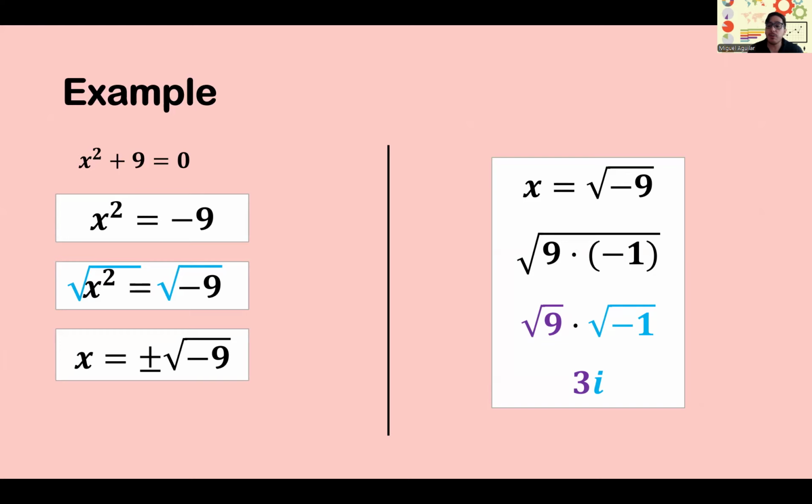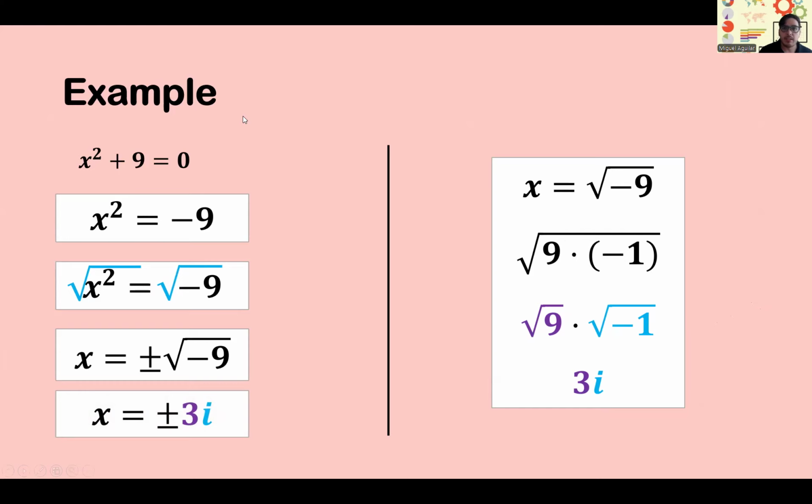Because if we were to leave it as 3 times the square root of -1, let me write that down, writing the square root of -1 over and over in these equations that we're going to be solving is going to be really cumbersome. That's why this whole thing is packaged into what we're calling i. So our answer should be x is equal to plus or minus 3i.